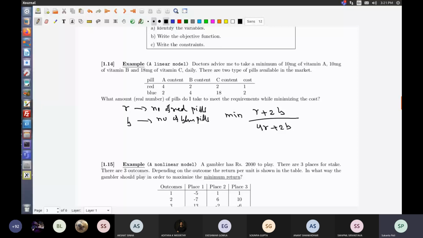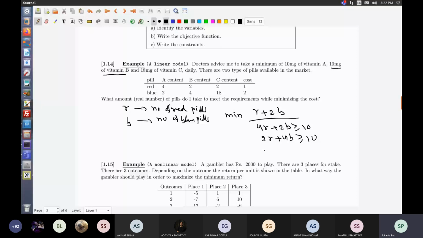Similarly, the B content is 2R plus 4B, and that should be greater than or equal to 10 mg of vitamin B. And then for 18 mg of vitamin C, we have 2R plus 18B, and that should be greater than or equal to 18.